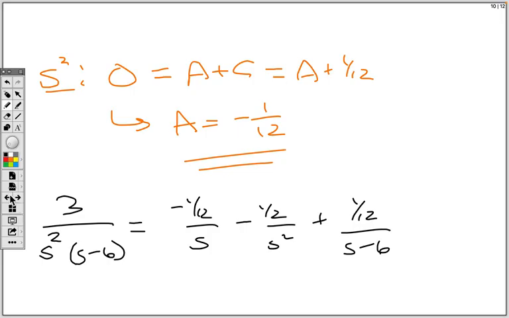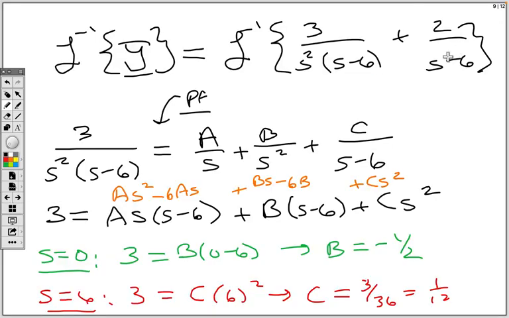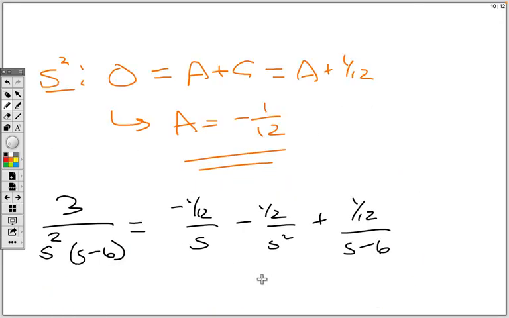So now I can put this back over to here. My y of t is the inverse Laplace of all of this.